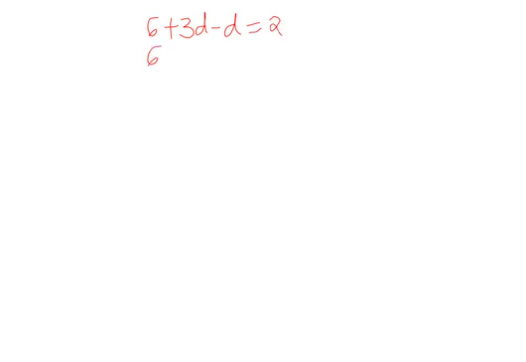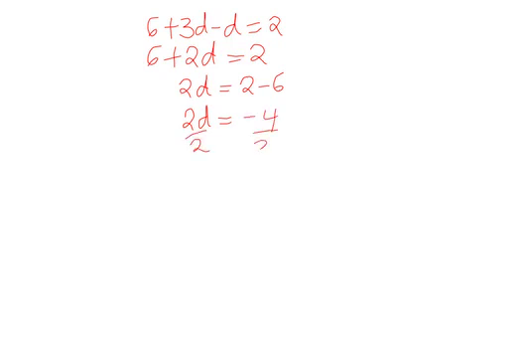We have 6 plus 2D, that is 3D minus D is 2D, is equal to 2. So 2D is equal to 2 minus 6. 2D will be equal to negative 4. Divide by 2, divide by 2, and the value of D will be negative 2.